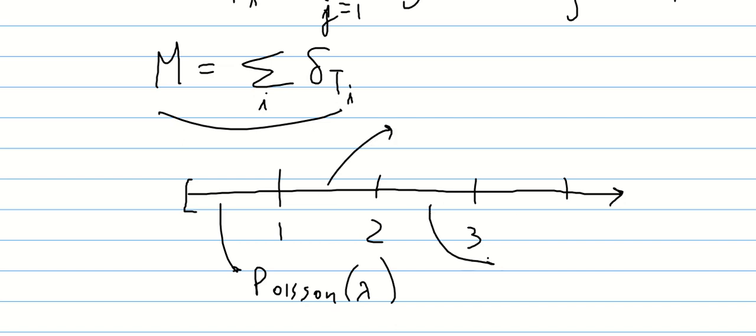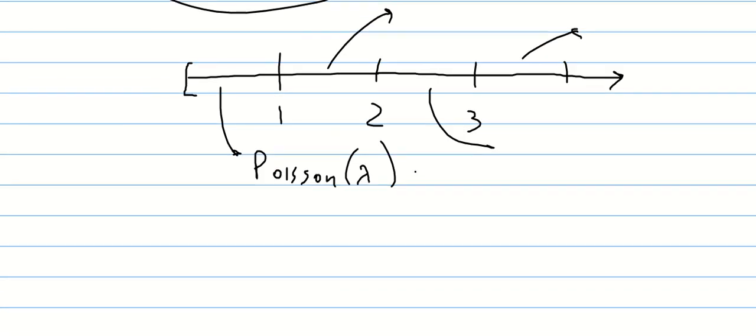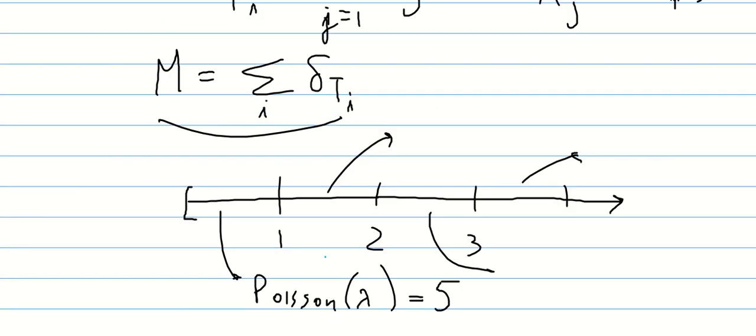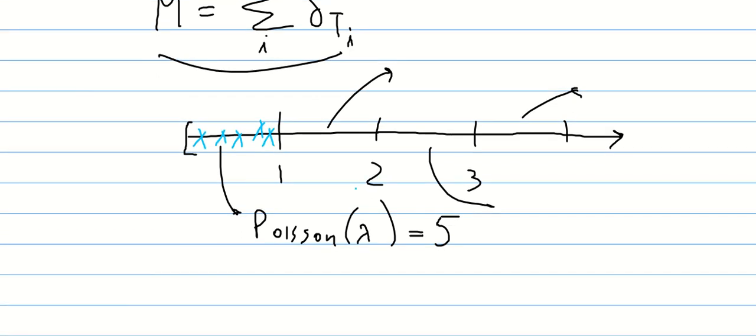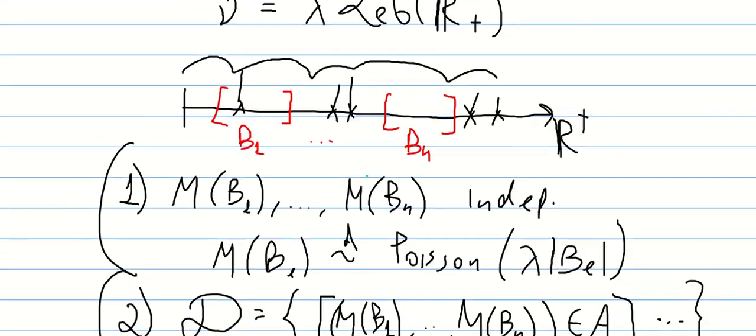So imagine that here we have Poisson lambda equals 5. So what you do is you pick 5 uniform points in this interval with the uniform distribution independently from each other. Here, if this is equal to 2, you take 2 points. If this is equal to 0, you take 0 points. So this is a simulation that's going to give us the same distribution as if we were summing exponentials.